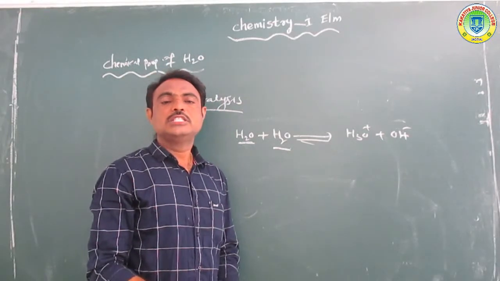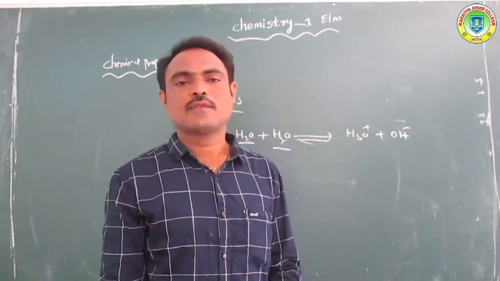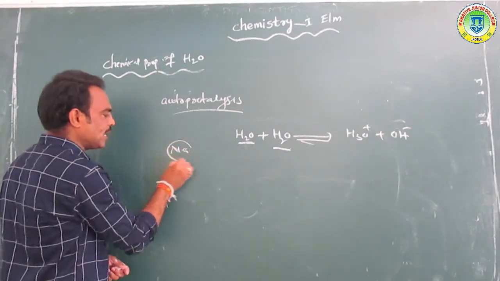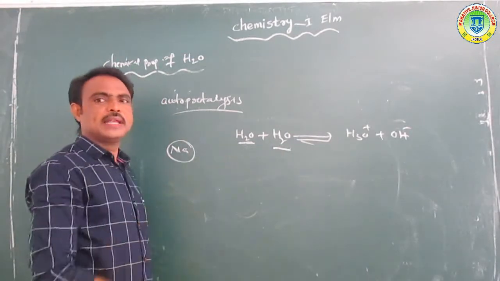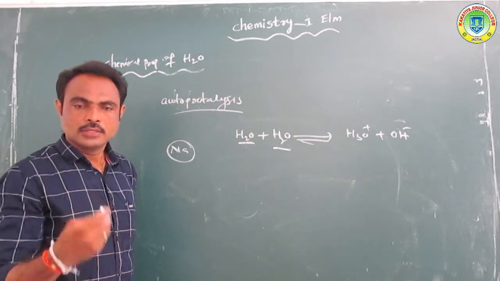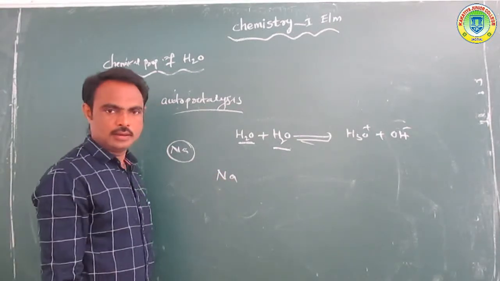Overall, the water molecule reacts with a number of different types of compounds. Suppose for example it reacts with sodium metal, or magnesium metal, or potassium metal. Suppose we take sodium metal.